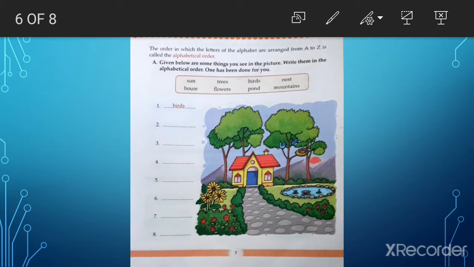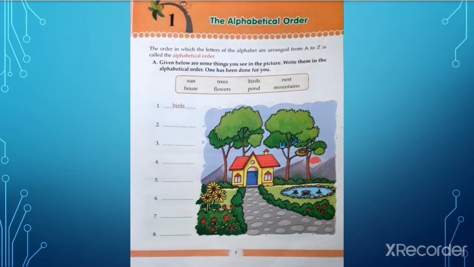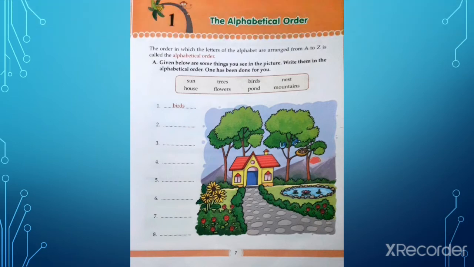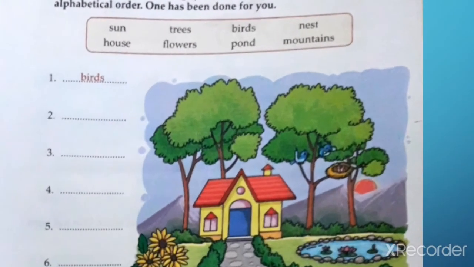Now look at your book. Open at page 7. Here are some words. You have to put them in alphabetical order. Sun, trees, birds, nest, house, flower, pond, mountain.